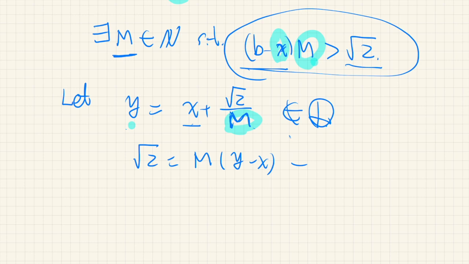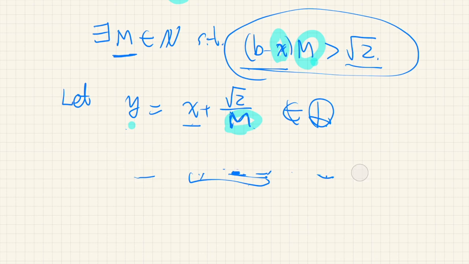So if y is a rational number, then a rational number minus a rational number is rational, and a rational number multiplied by a natural number is rational. So this would be a rational number. But square root of 2 is not a rational number, so that is a contradiction. Therefore y is an irrational number.